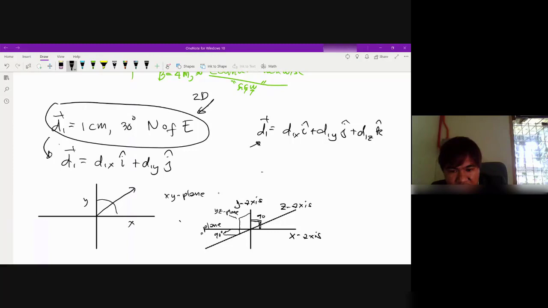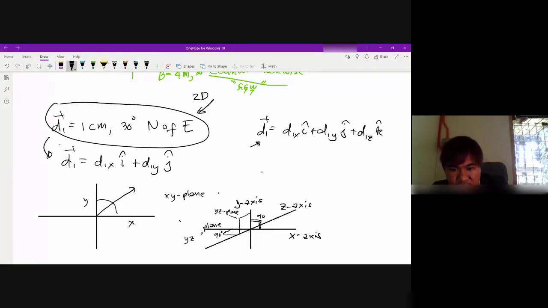This is the YZ plane, and then this one would be our XZ.